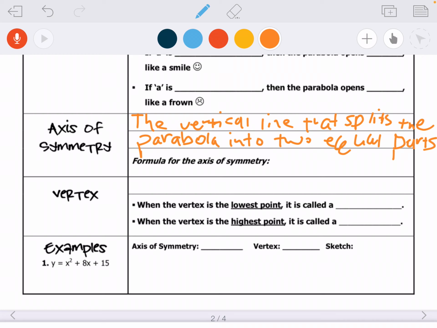So that was the dashed line that I was showing above in the graph. It goes through the vertex, and then that splits the parabola into two equal parts.